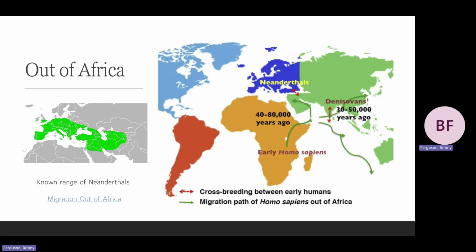But the problem with them being able to interbreed is that we commonly think of a species as any group of organisms that can interbreed and create viable offspring. And Homo sapiens and Neanderthals did create viable offspring, or else we wouldn't still have that DNA.